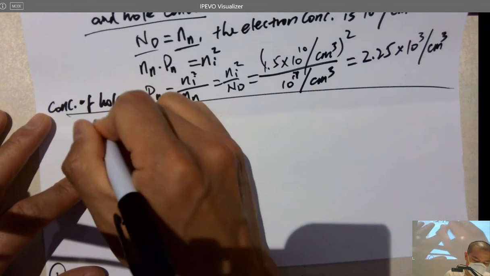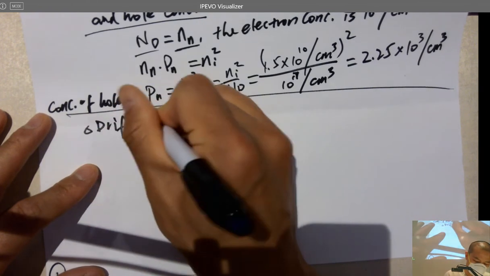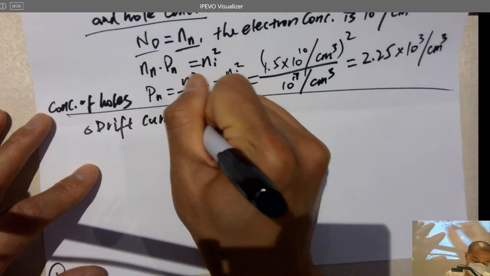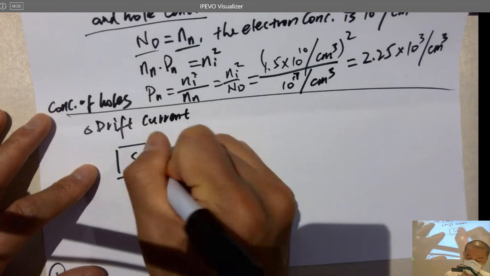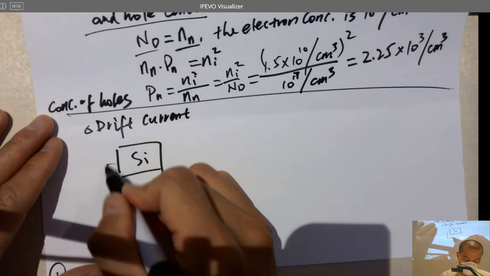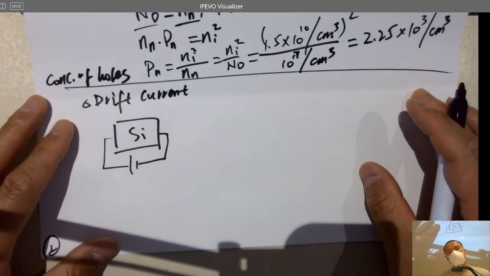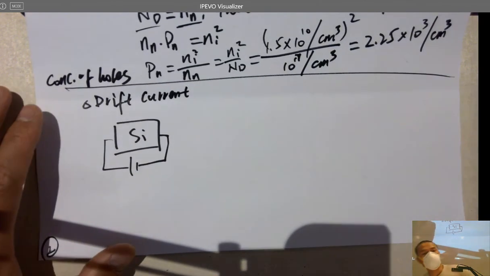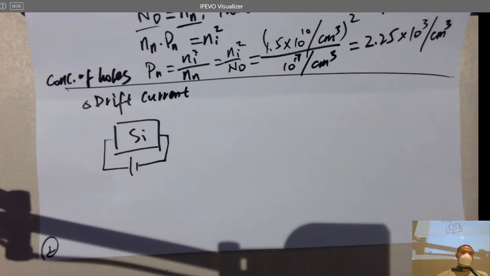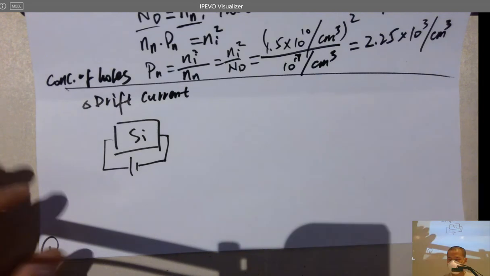There's a concept called drift current. If I got a piece of silicon and I apply a voltage to it, it's intrinsic silicon. It's not an insulator, but it's not a conductor as well. So it's a semiconductor. So there will be a very, very weak current flow through this piece of silicon.